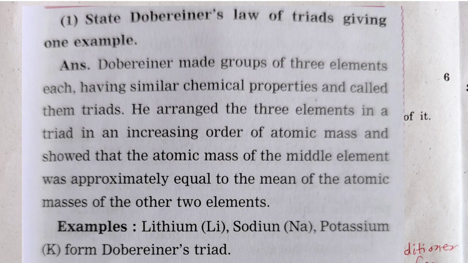Answer. Dobereiner made groups of three elements each having similar chemical properties and called them triads.